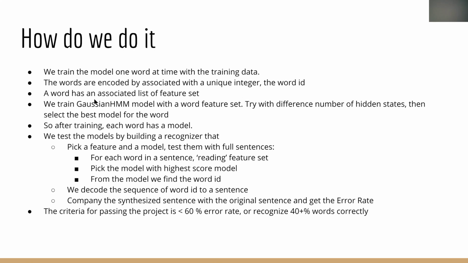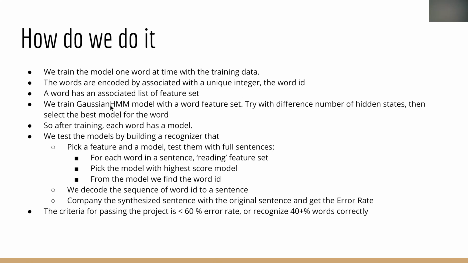And then each word has associated a list of a feature set, because as we see, the feature is not one frame in the video. It is a set of frames. Remember, there were 12 to like 14 something.